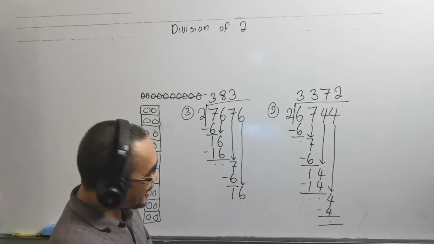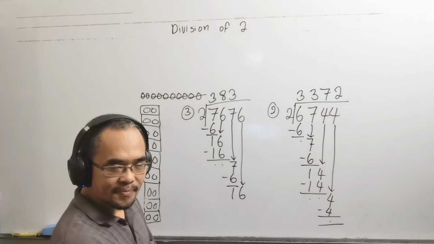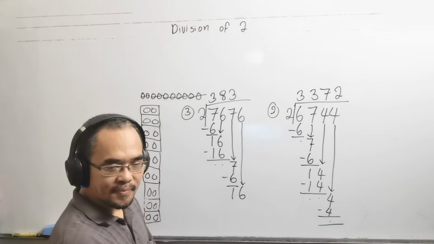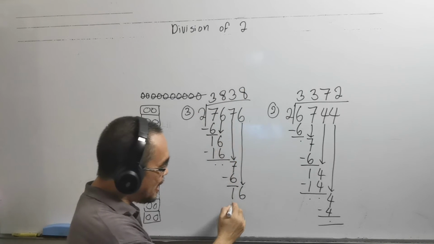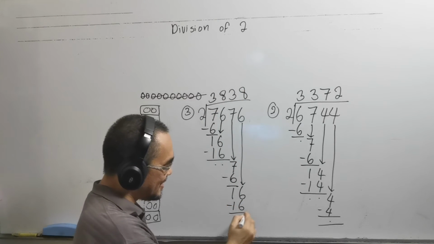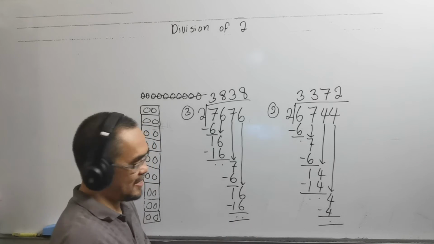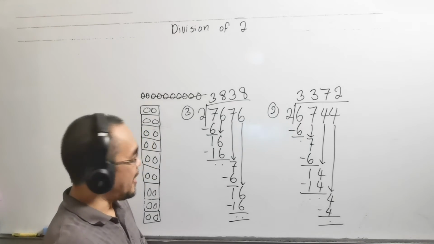Eight. Where do you write 8? Yes, correct. Up here is 8. Below here is 16. That is correct.